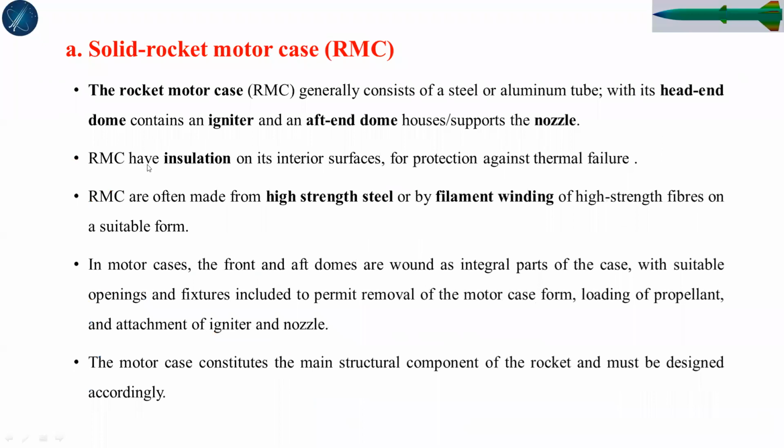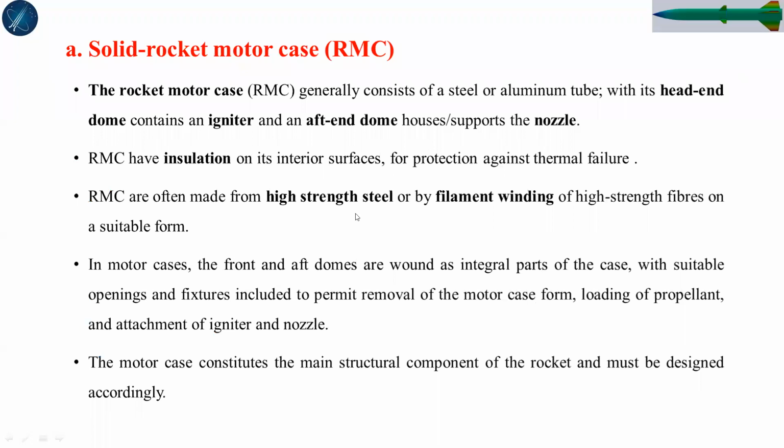The rocket motor case has insulation on its interior surface. Why? For protection against thermal failure. If there is no insulating surface, the temperature will propagate outward and will cause the failure of the whole structure. Rocket motor cases are made from high strength steel.